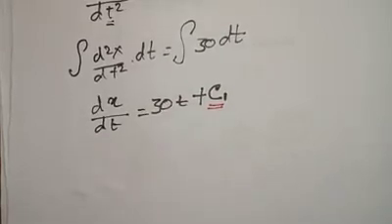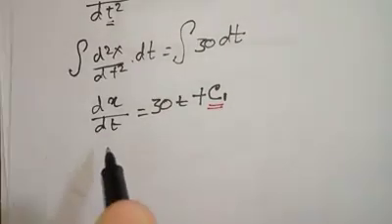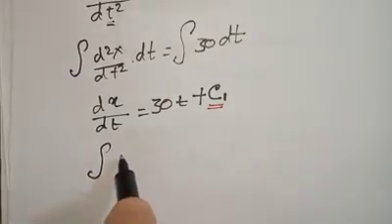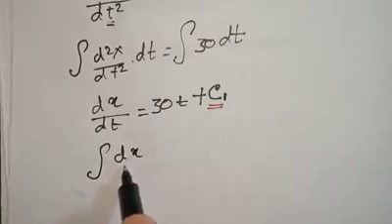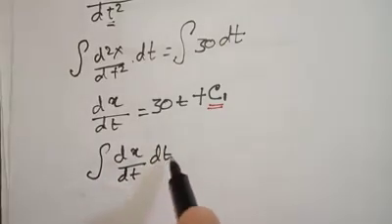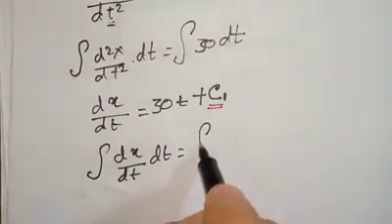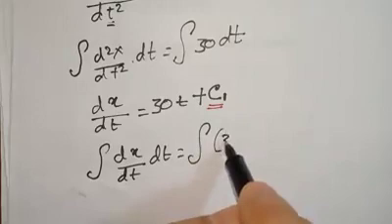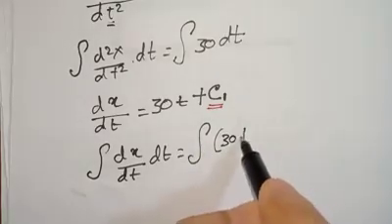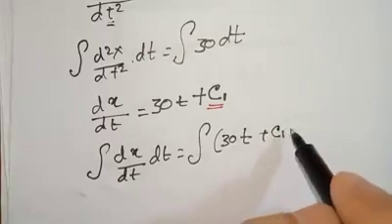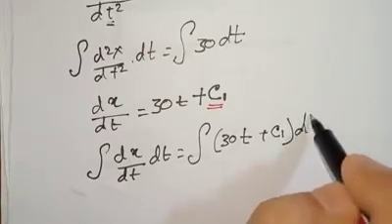Now on further integration, if we integrate this part, what we get is dx/dt. We do the same integration on the right hand side, and we get 30t plus c1 dt.